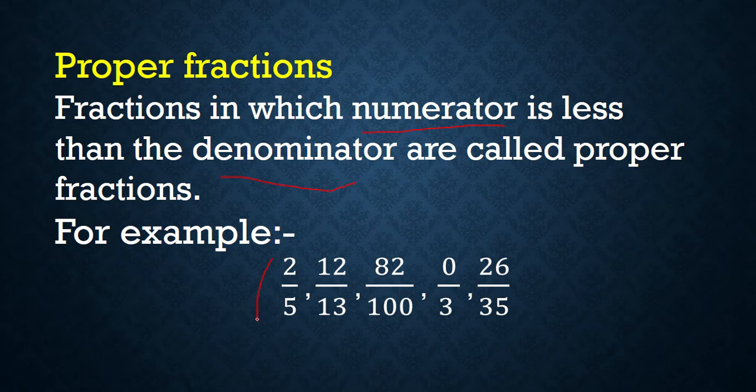Over here in these examples you can see this 2 is the numerator, this 12 is the numerator, this 82 is the numerator, 0 is the numerator, 26 is the numerator. These are all less than the denominator. So whenever you see that the numerator is less than the denominator, that fraction is a proper fraction.